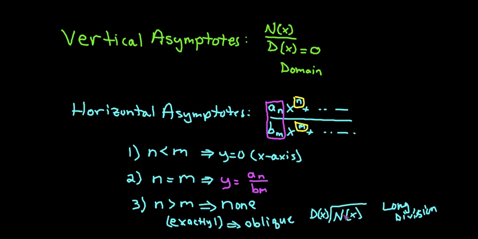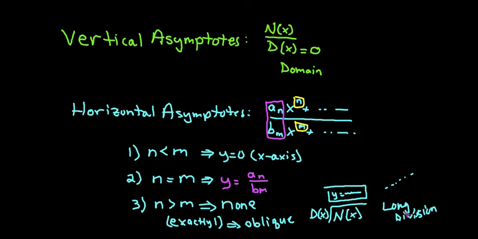Whatever I get up on top for my quotient, y equals that is going to be the equation of my oblique asymptote. Whatever my remainder is down here is going to have absolutely no effect on this. So all I'm looking at is whatever I get on top of my long division is going to be the equation of my oblique asymptote.